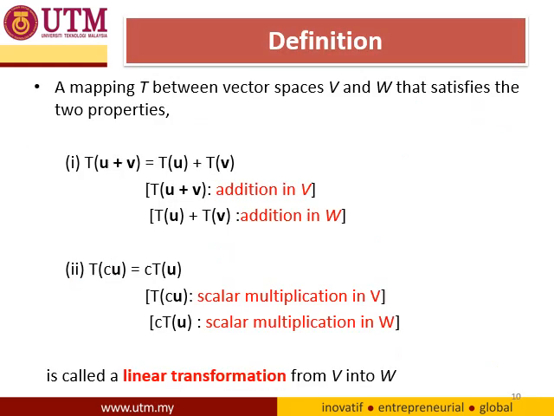Okay, now we go to the definition of a linear transformation. Before this, we just did a mapping between vector spaces. It doesn't mean that it is a linear transformation. Okay, a mapping T between vector spaces that satisfies the two properties here, 1 and 2, when it satisfies both, then it is called a linear transformation.